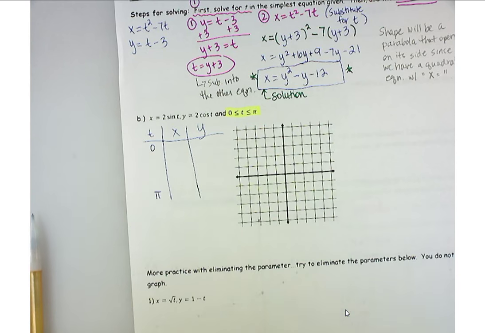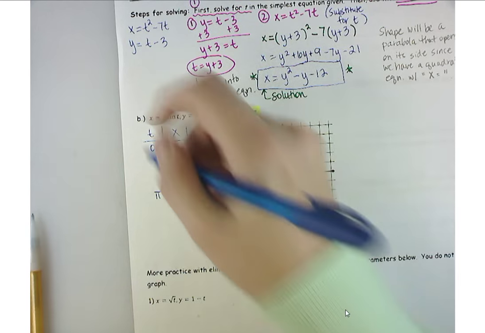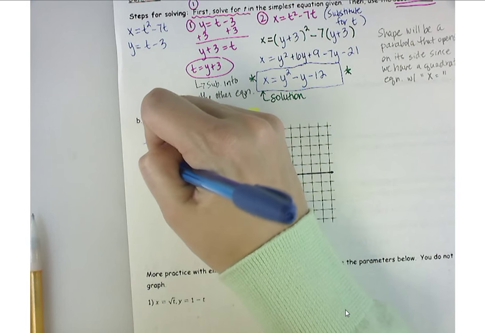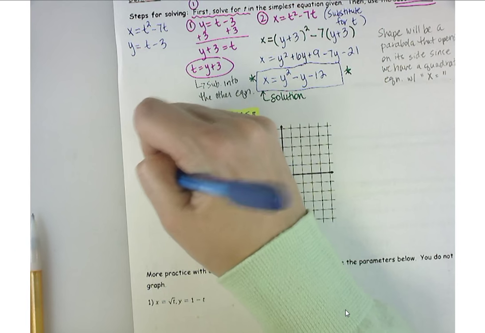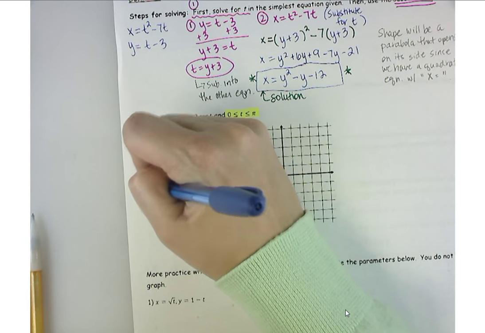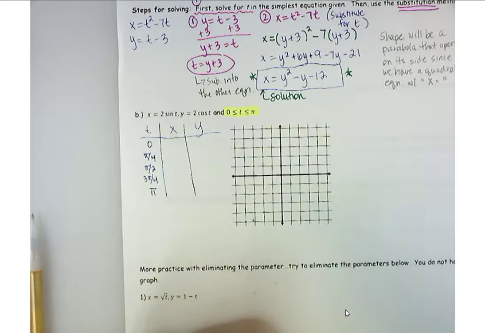If you're going to have 5 points, what's a good interval to go by on this? You could go by pi over 3. Go by pi over 6. I'm going to go by pi over 4 because I'll have exactly 5 points. Because you have 0, pi over 4, and then you'd have pi over 2, and then you'd have 3 pi over 4. And it would give me 1, 2, 3, 4, 5.